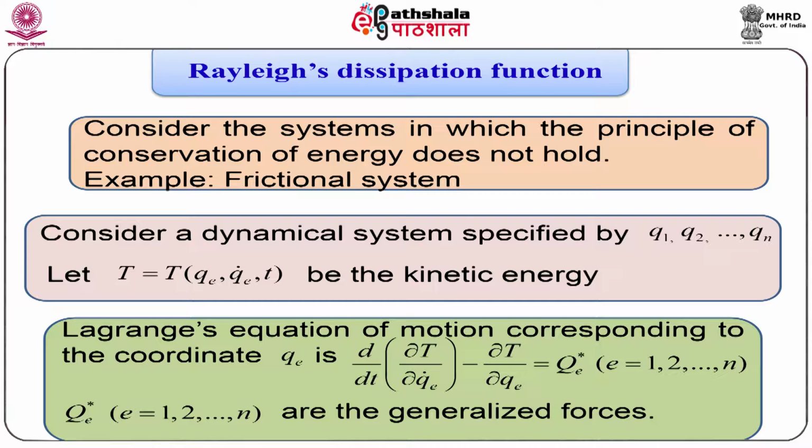Let us consider a dynamical system which is specified by n generalized coordinates small q1, small q2 up to small qn. Let kinetic energy T be a function of generalized coordinate qe, generalized velocity qe dot and time t. Here qe dot means d/dt of qe, that is, the ordinary derivative of qe with respect to time t.